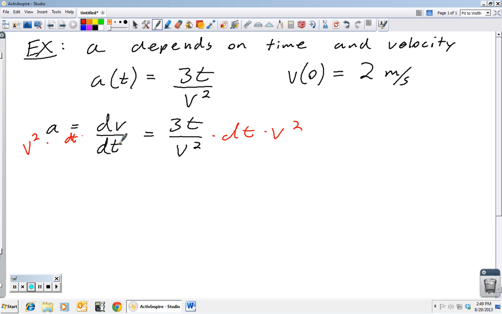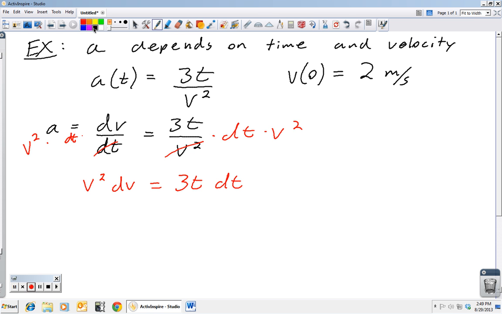That's going to get rid of our dt on the left side, and it's going to get rid of our v on the right side and move everything over. So we've got v squared dv on the left, and that is equal to 3t dt on the right.